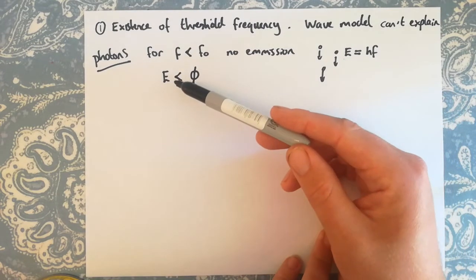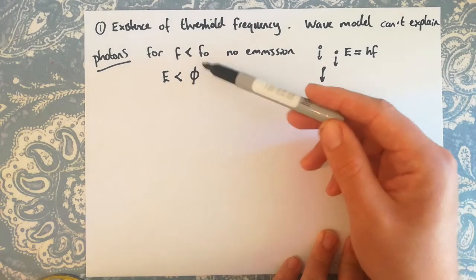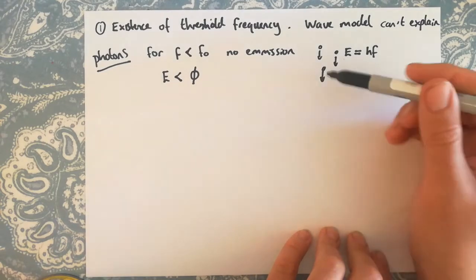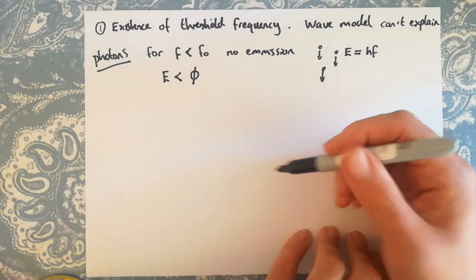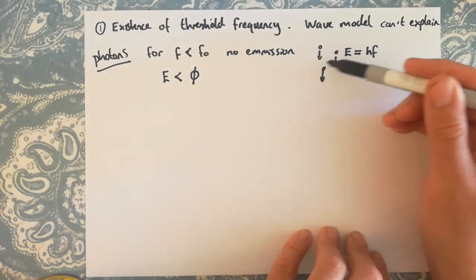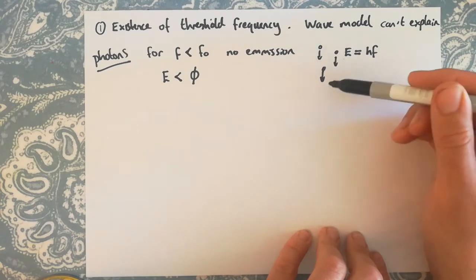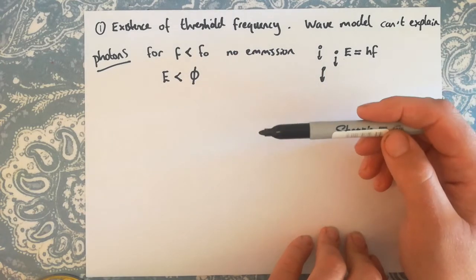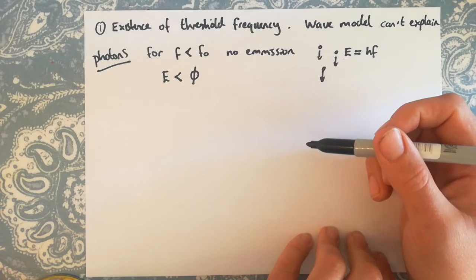So if a photon doesn't have a work function worth of energy, then when those photons hit an electron, they're going to give the electron all of their energy. The electron is going to absorb that photon, it's going to absorb a packet of energy, but that energy is not going to be enough to free the electron, even if that electron is the most energetic electron in the metal.